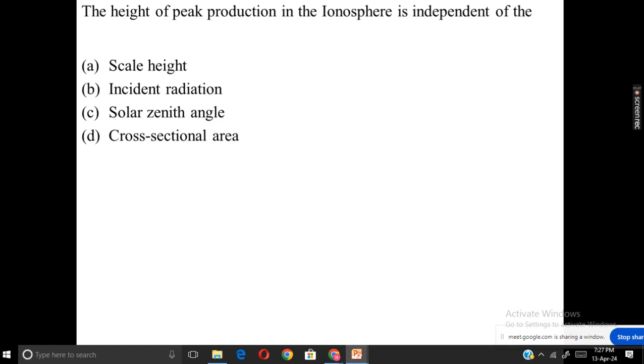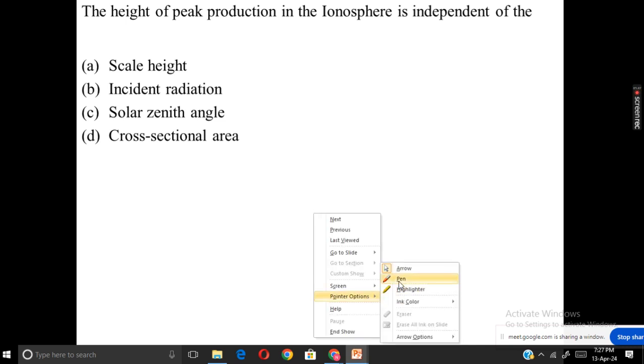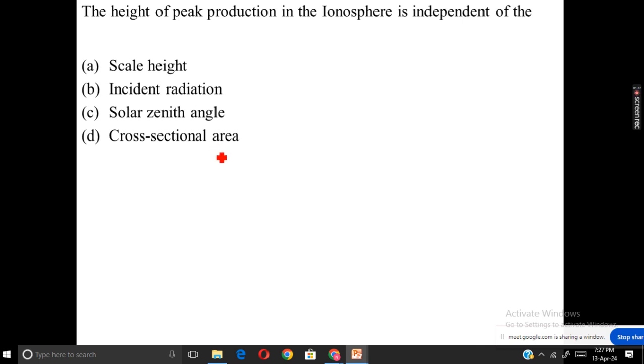The next question. The height of the peak production in the atmosphere is independent of what? We have already learned and derived the equation for the height of peak production. If you look at the electron density layer, or Chapman's curve, this is basically Hm, with production rate on one axis and height h on the other, showing how production happens based on height.